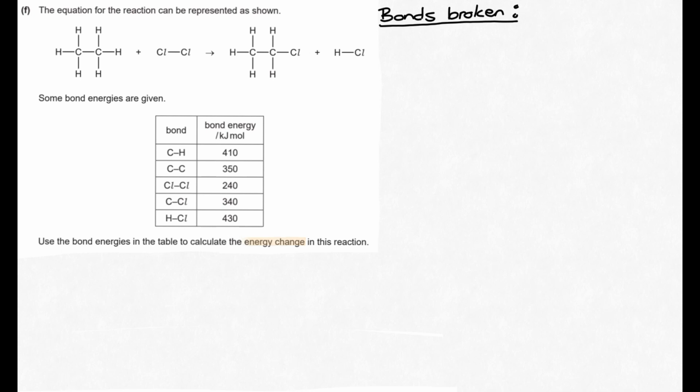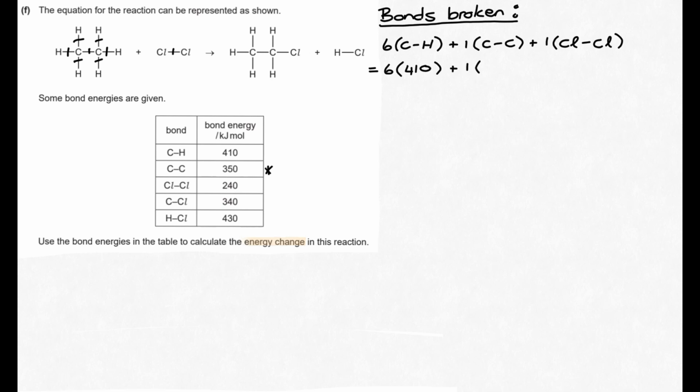We can see on our diagram that there are 1, 2, 3, 4, 5, 6 carbon-hydrogen bonds, and also 1 carbon-carbon bond and 1 chlorine-chlorine bond that would need to be broken. I can then go look on my table. My carbon-hydrogen bond is equal to 410 kilojoules per mole, so I'll have to multiply that by 6.